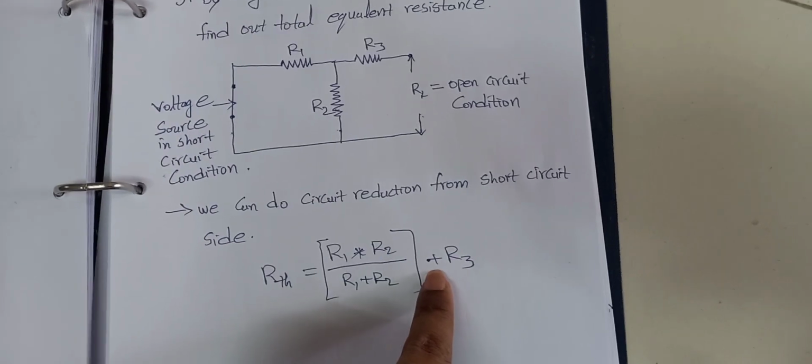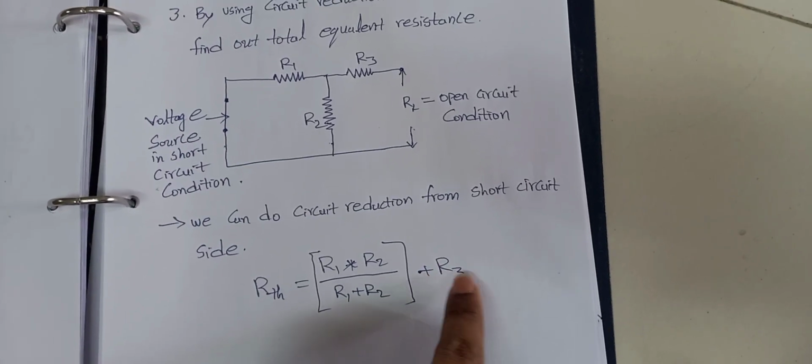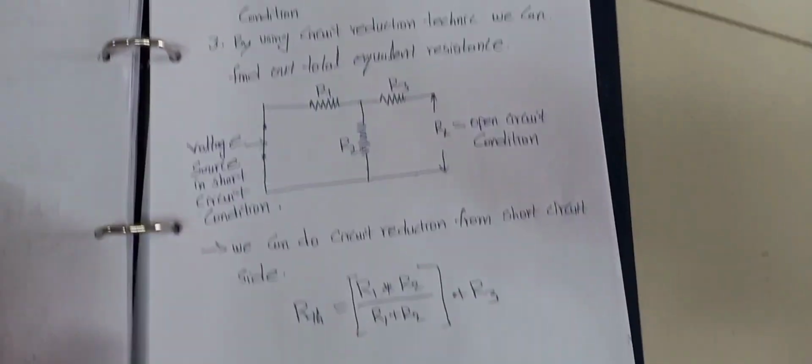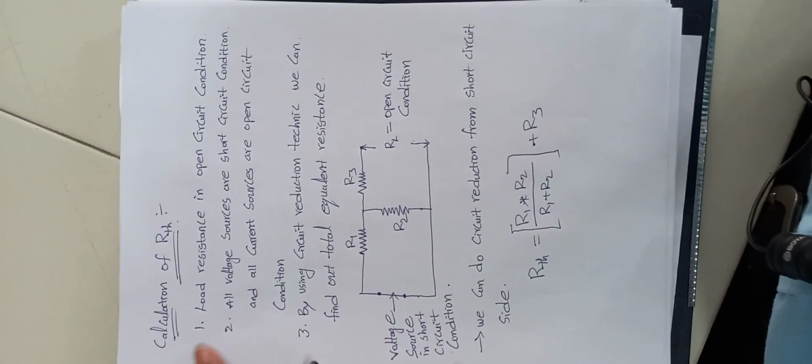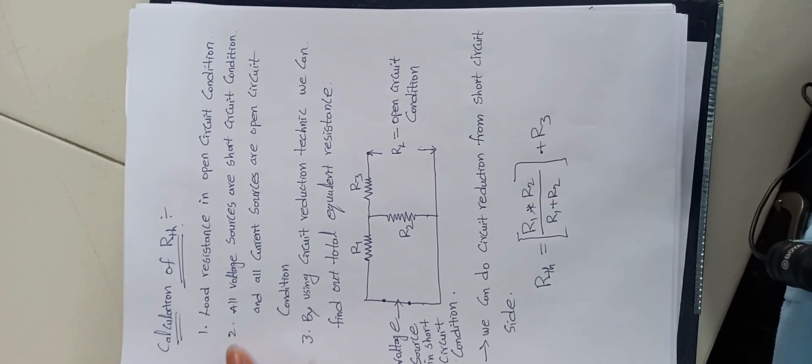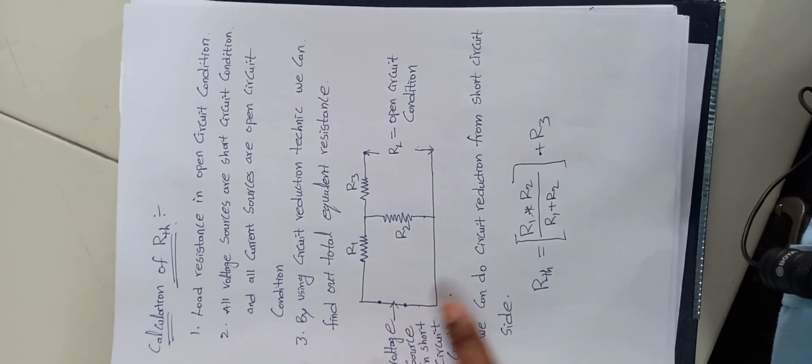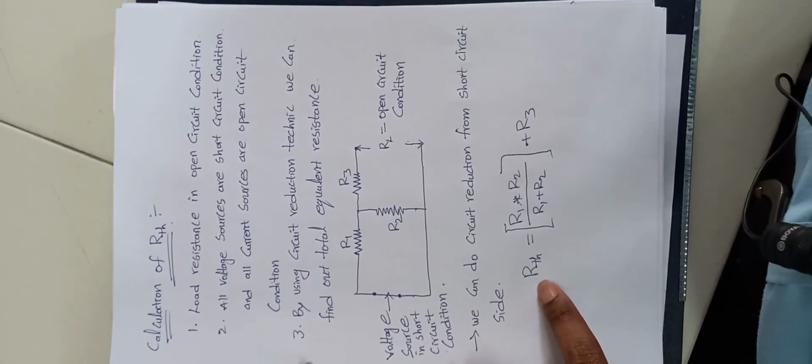That's why I have put the series resistance plus R3. That's it, simply. This is a simple R Thevenin calculation. Just two conditions you have to remember always, along with this modified circuit and formula. That's it.